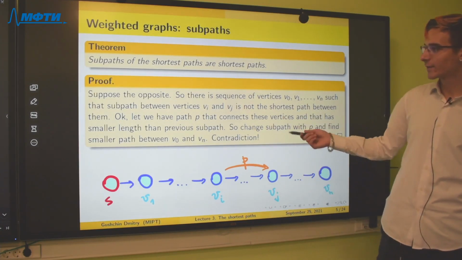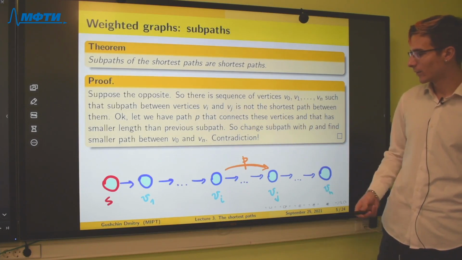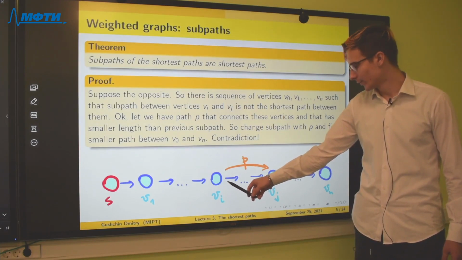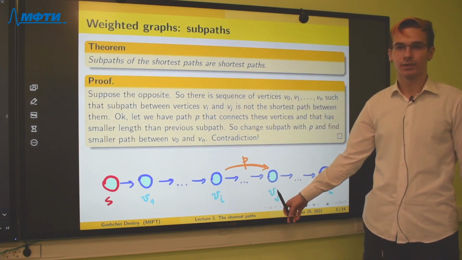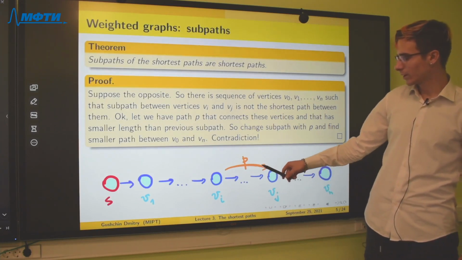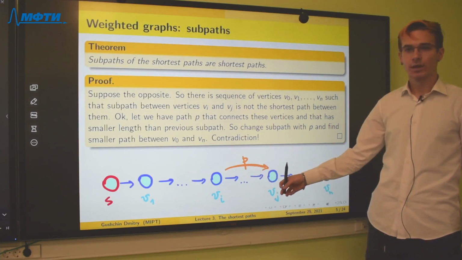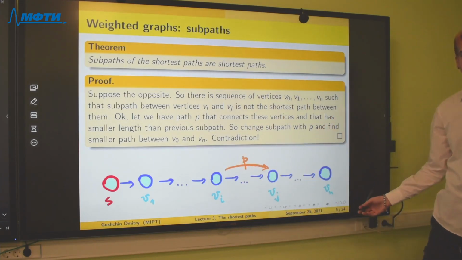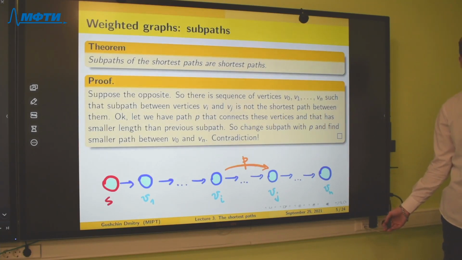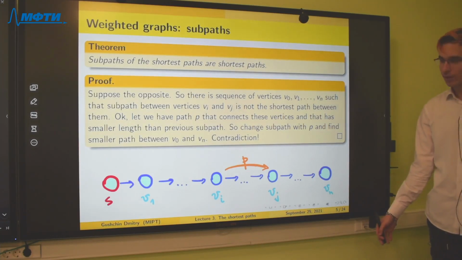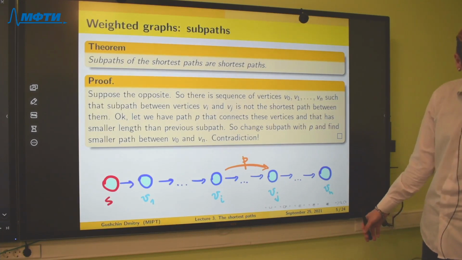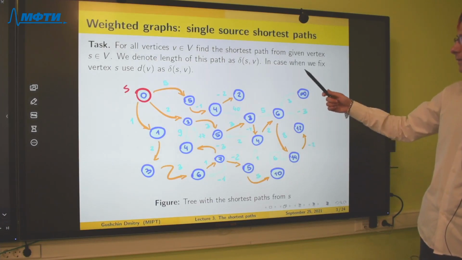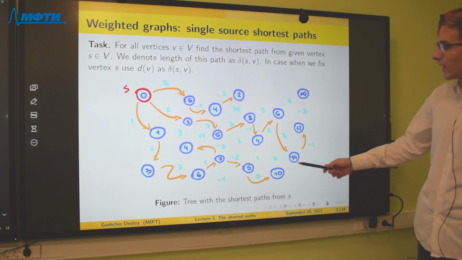And this is the proof, because, for example, if we have any shorter path between V with index E and V with index G, we can change this subpath with P and then make a shorter path between S and Vn, and that is a contradiction.